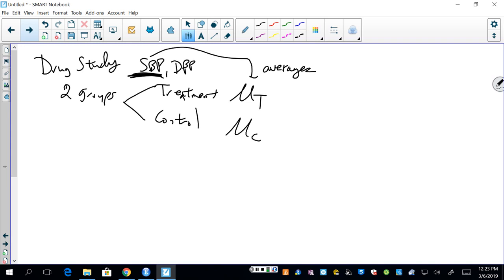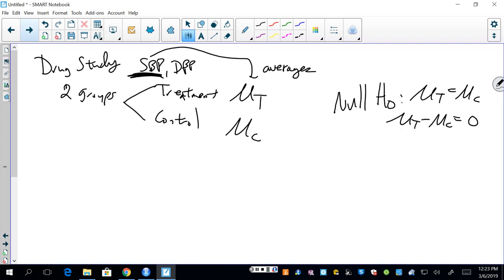And a null hypothesis would be set up saying that there's no real difference between these groups. So a null hypothesis about these parameters, right, is just going to say that these two things are equal. Right? Or perhaps that you phrase it as the difference between these two things is zero.